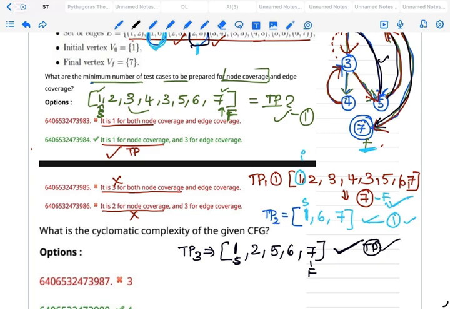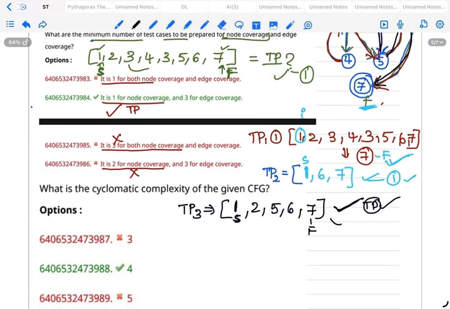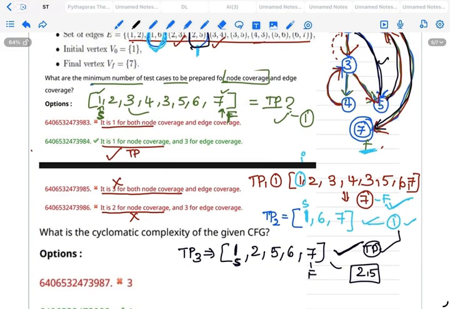Test path 3 covers many edges, but mainly it covers the 2 to 5 edge and the 1 to 6 edge. The rest are all covered by the first test path 1.